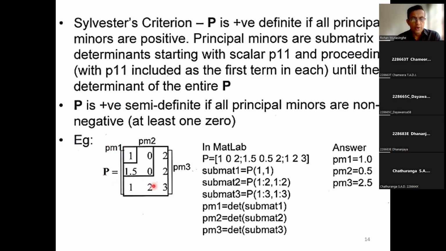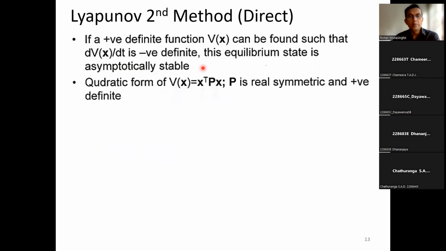By the way, for any state space model, the matrix P here, according to the expression x transpose P x, needs to have n number of rows to multiply with x transpose, because when you transpose x, it becomes a row and it has n number of state variables, right?